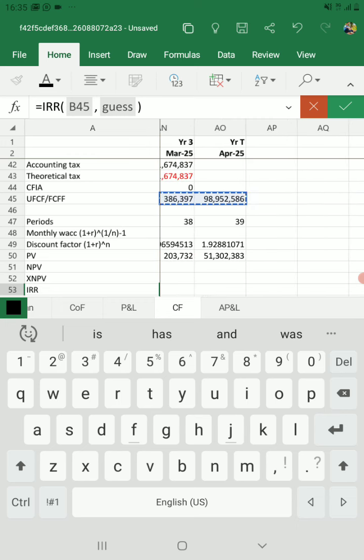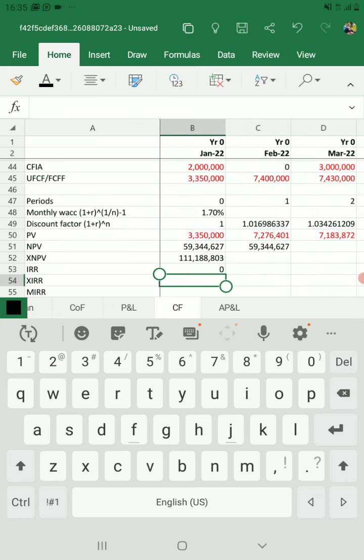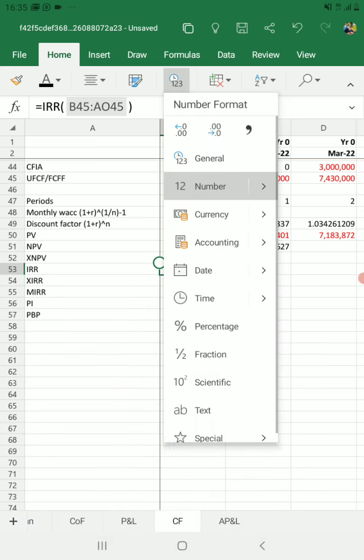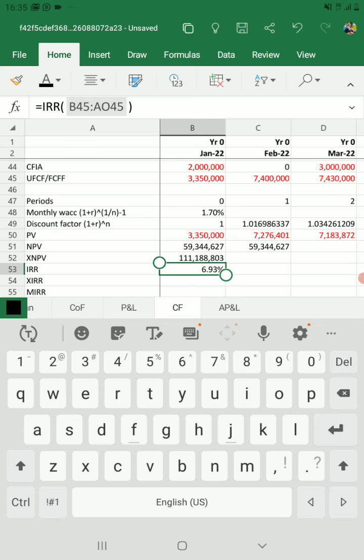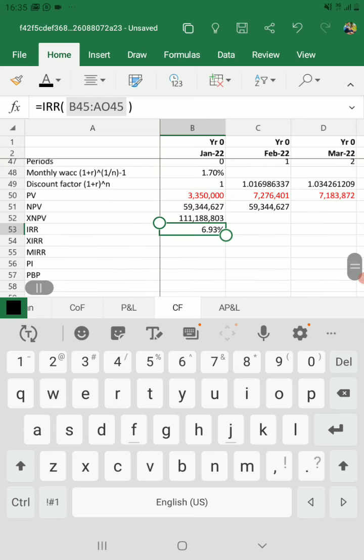Here. Okay. So that is our range. Press enter. Let me arrange this in terms of percentage. So that is our monthly IRR.